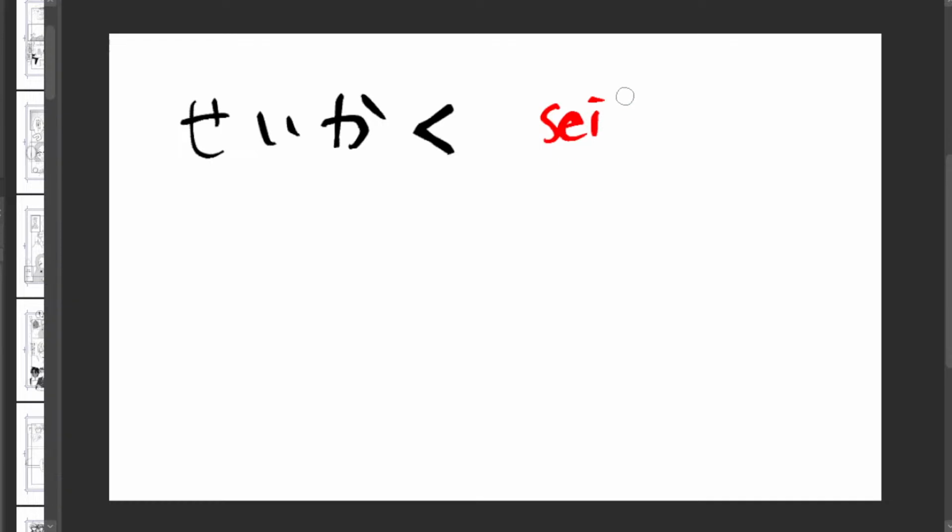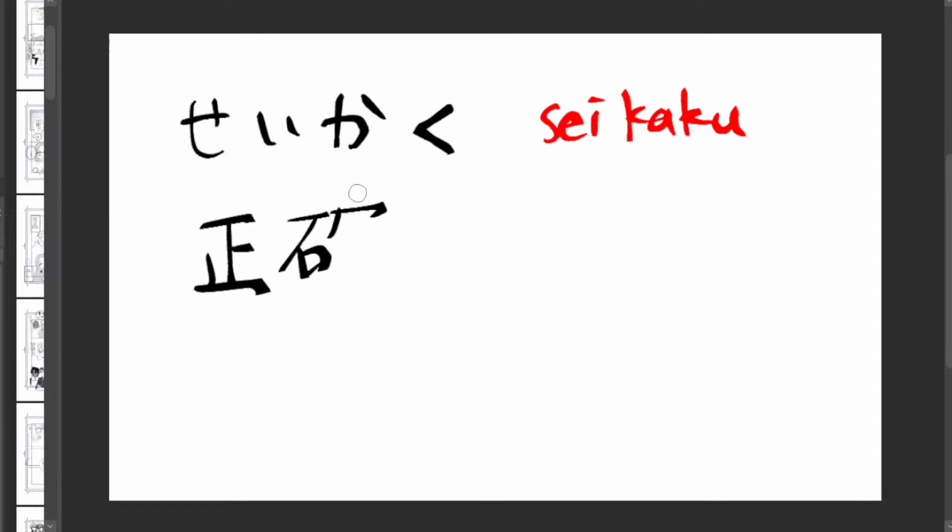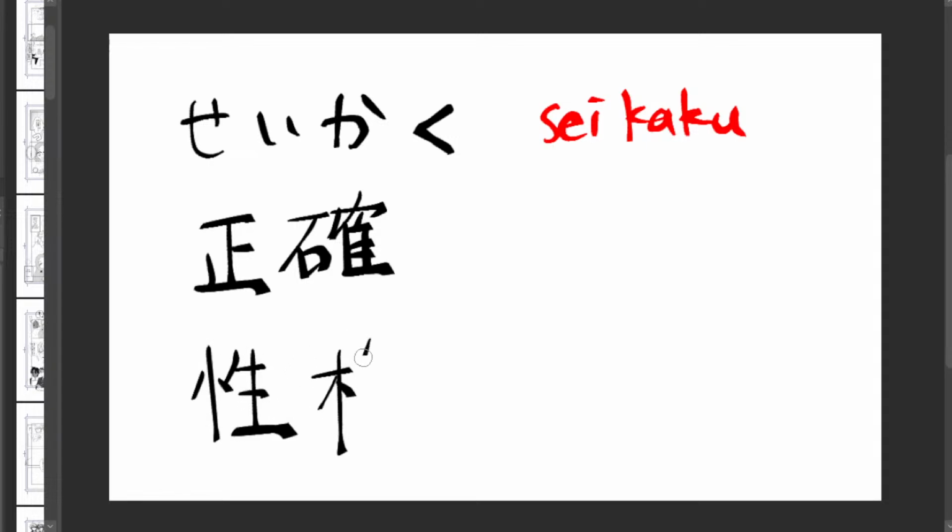For example, I'll give you a word, seikaku. You read it seikaku. And I'll give you just two kanji for this. This is one seikaku. And then we have another one, seikaku. Both read as seikaku.